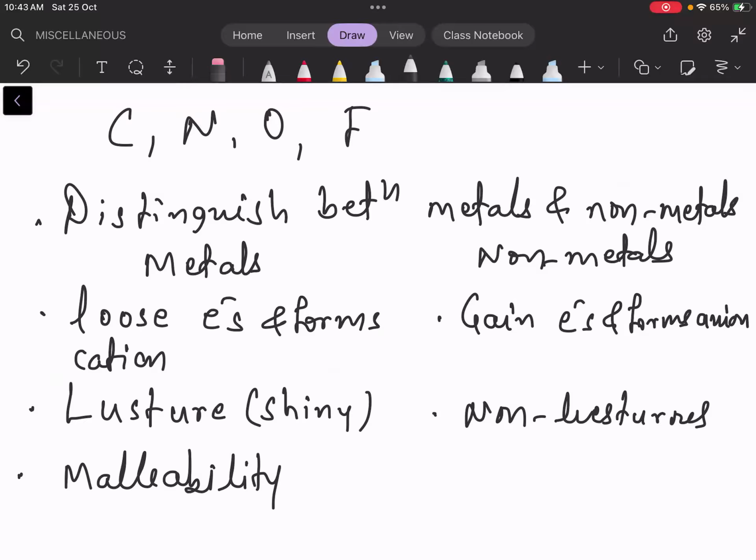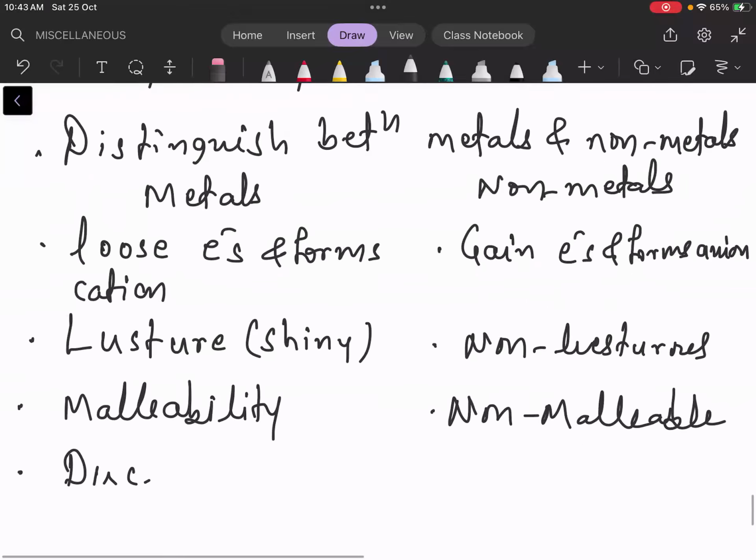Now, generally, non-metals are non-malleable. That is, on hammering, they don't get converted into thin flat sheets. Instead of that, they undergo breaking. The next point is ductility.